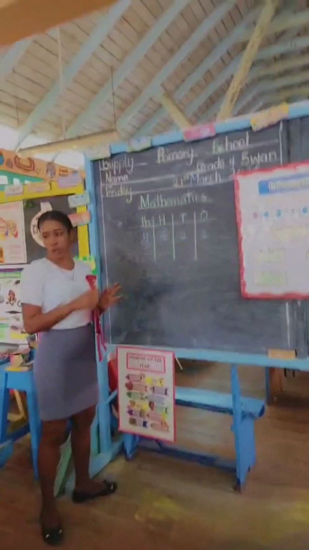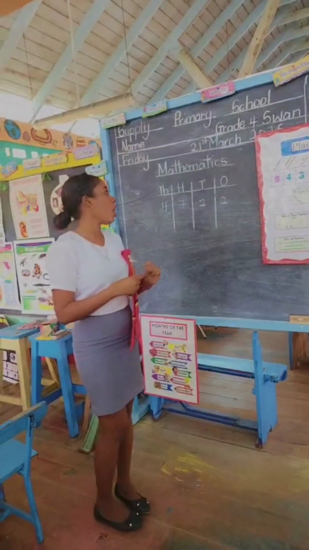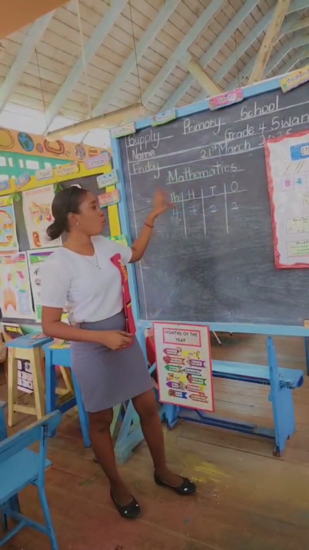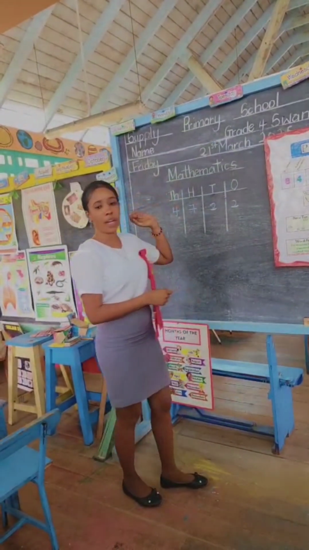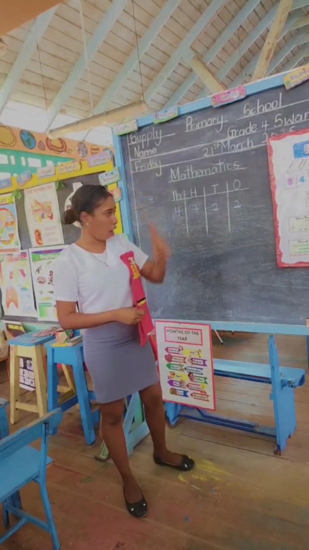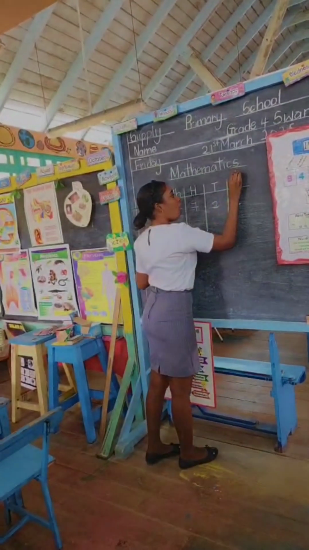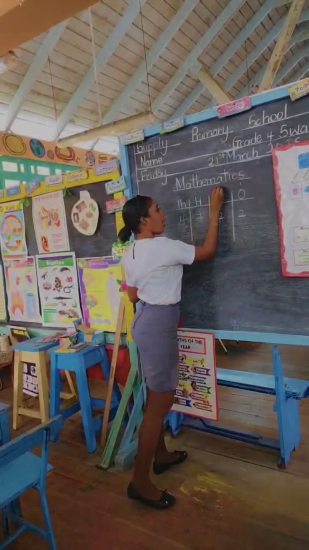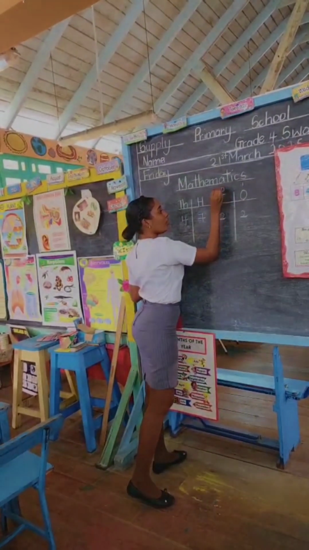Now here is what we're going to do. We're going to use numbers at the top of each of these place values to represent it. So how do you write the number 1? Show with your fingers. 1. Very good. How do you represent the number 10? A 1 and a 0. Very well.